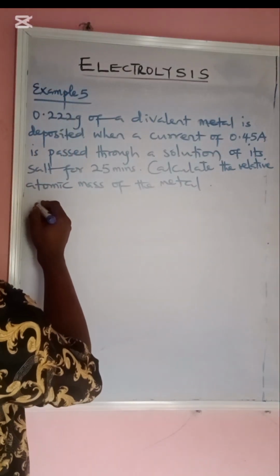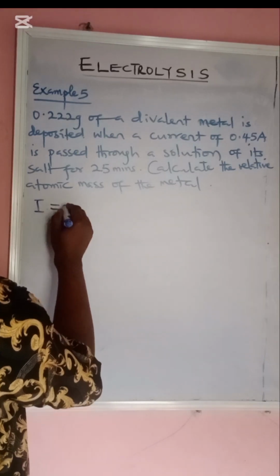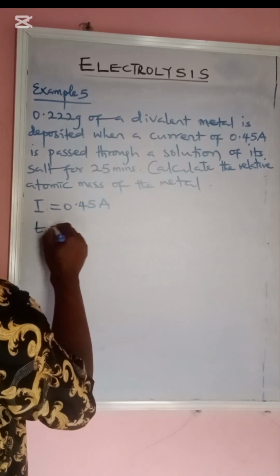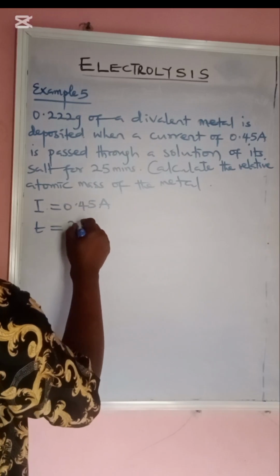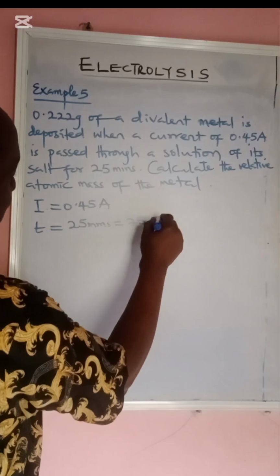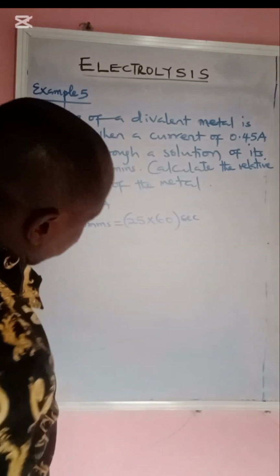So we start by saying I is equal to 0.45 ampere. T is equal to 25 minutes, the same thing as 25 times 60 in seconds.